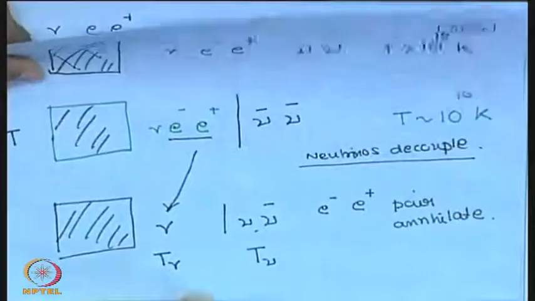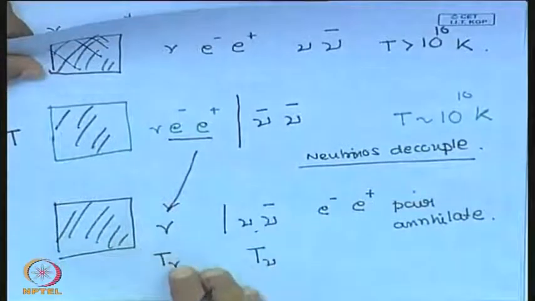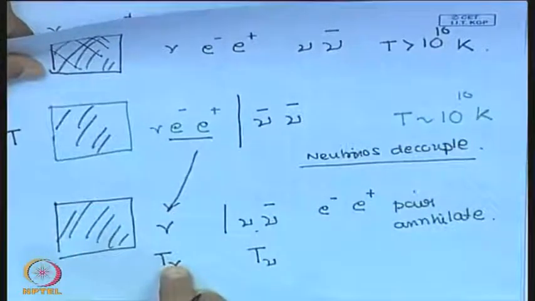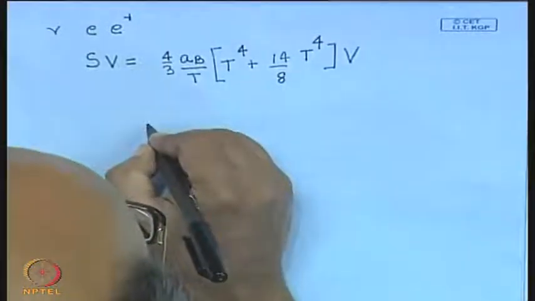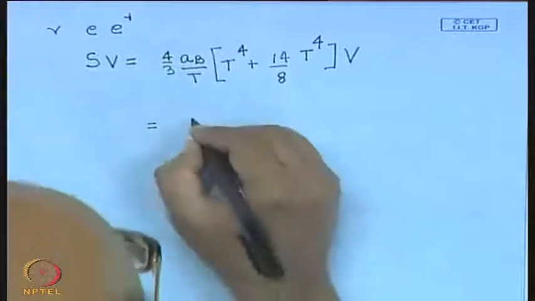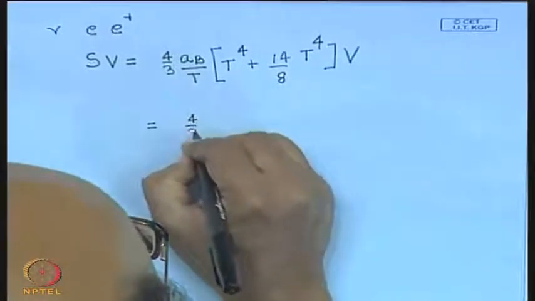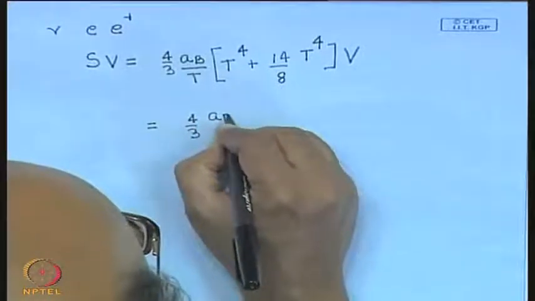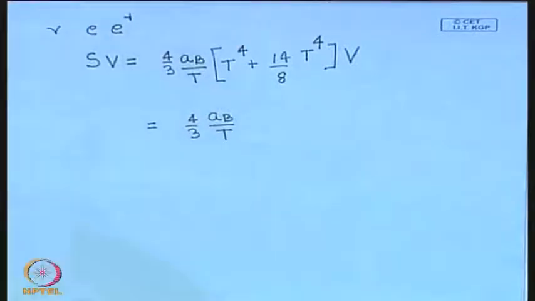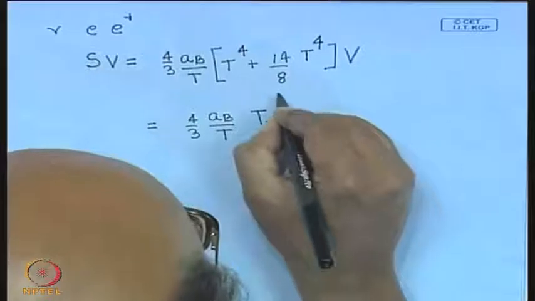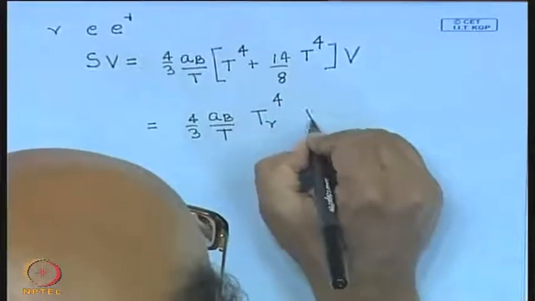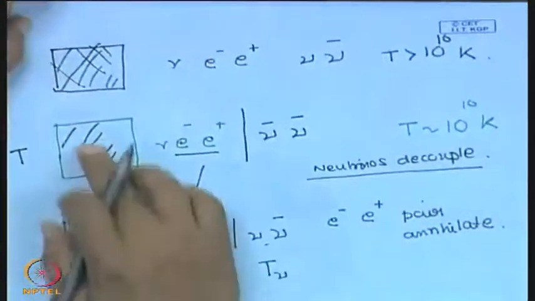This will be equal to the entropy in the photons alone at the later instant after the recombination. So after the recombination, this will be equal to 4/3 AB by T, T photon to the power 4 into V prime, where this volume V also would have changed to V prime due to the expansion of the universe.